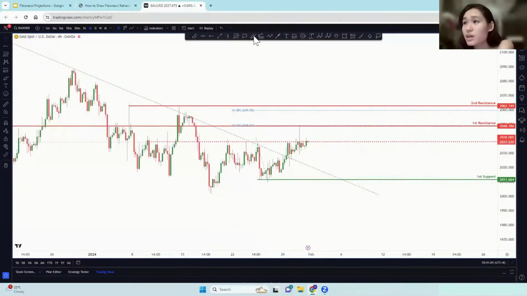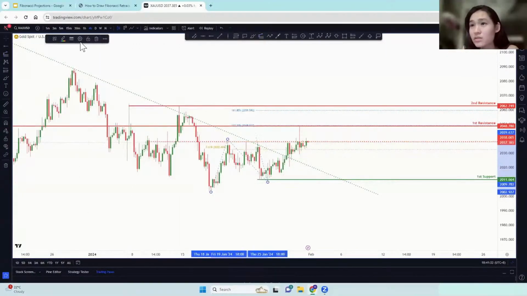Okay, and for our projection, you can see this lightning bolt shape. So I'm going to use this trend-based fib extension. That's what they call it on TradingView, but I think if you're using MT4, they call it something else, but it's the same shape, the same symbol.